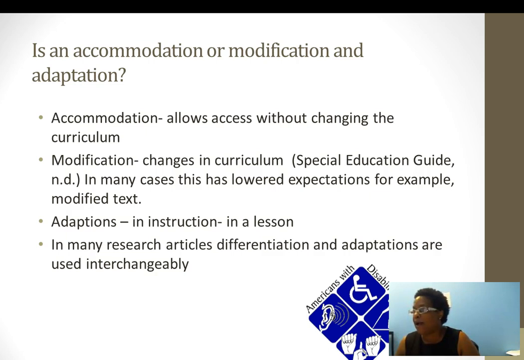So this is not about modifying and necessarily lowering expectations, which I think is a big deal with differentiation. We're supposedly not doing that. So we're differentiating, and for students with disabilities, we're making an adaptation so that they can be in the same curriculum in the same lesson.